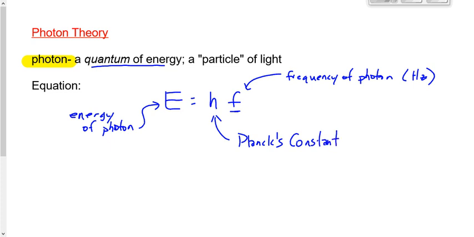Max Planck was a guy that came before Einstein. He was the first guy to really introduce quantum theory. Okay, he didn't give us photon theory or an explanation of the photoelectric effect, but he introduced the idea of quantum theory, the idea that energy is quantized, the idea that we can have discrete values of energy only.